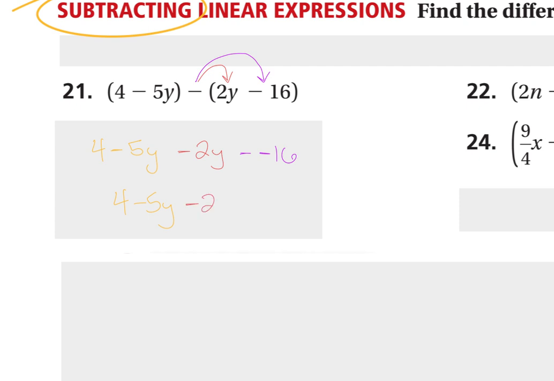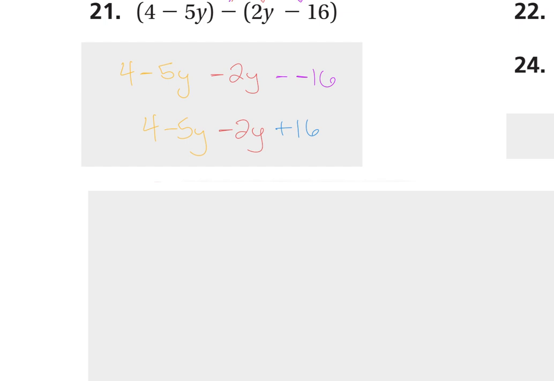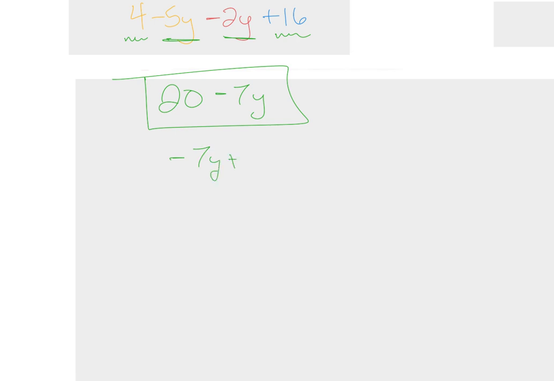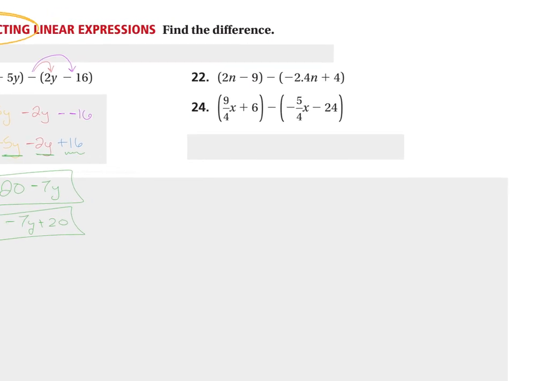What you will end up getting, just like this. And now you want to combine like terms. So 4 and 16, that's 20. Negative 5y, negative 2y, that's negative 7y. You can write it like that, or you can write it like this. Either one is fine with me for right now.